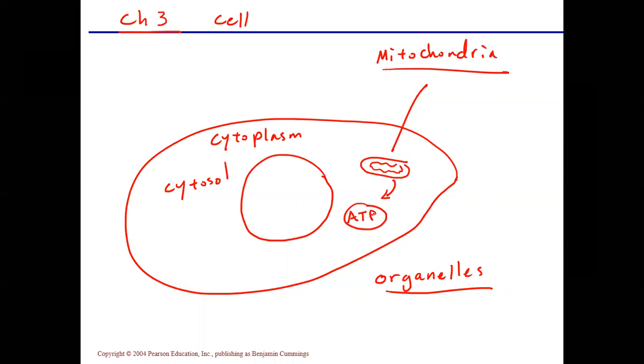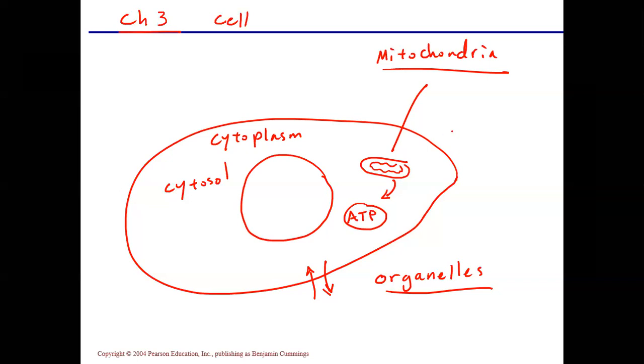The cell sometimes needs energy in order to transport substances in or out of the cell. Sometimes the ATP is needed to allow the cell to make protein, for example, which last time we discussed using the DNA. So a lot of things require energy in the form of ATP.